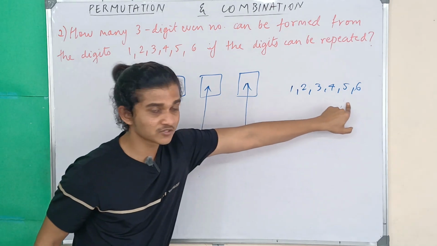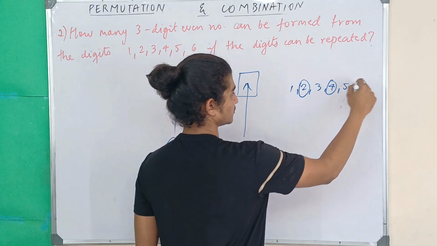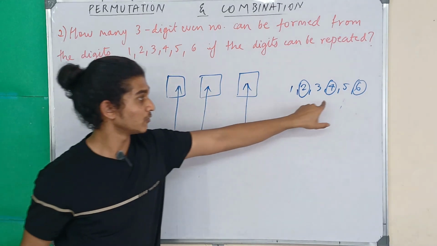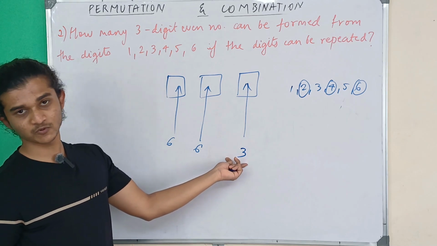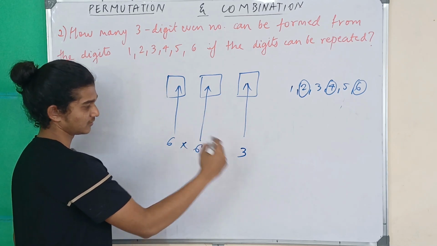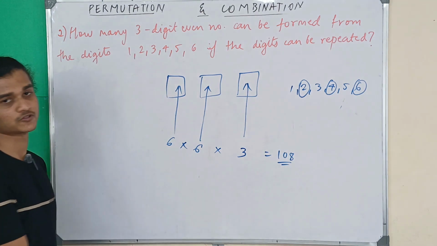So what are the even numbers in your arsenal? You have 2, 4, 6. So these are the only 3 even numbers given in your question. So we're going to take only these 3. So 3 are your possibilities, and you just multiply all this. So 6 times 6 is 36, 36 times 3 is 108. So you get 108 different numbers in this question.